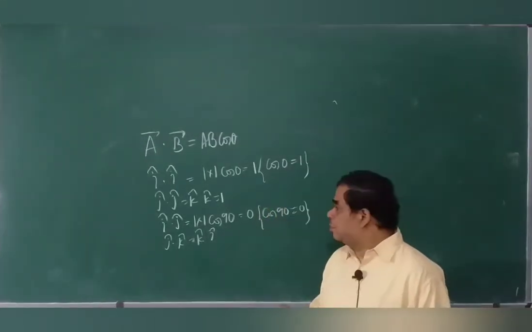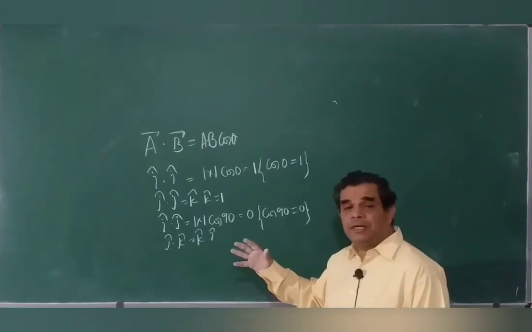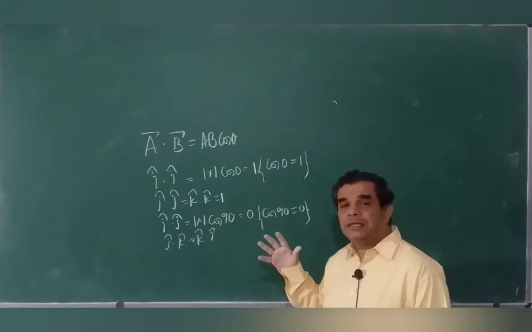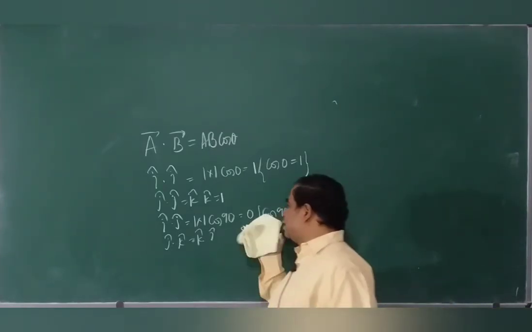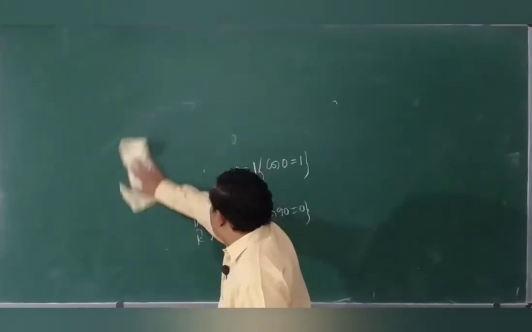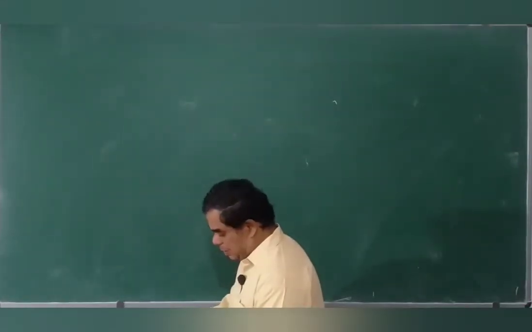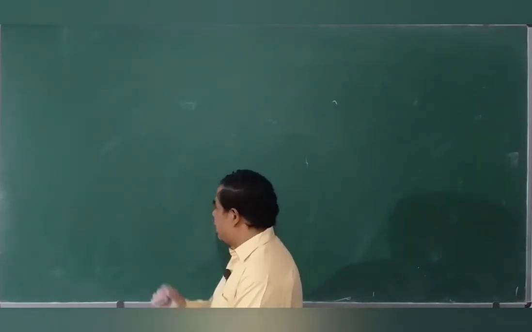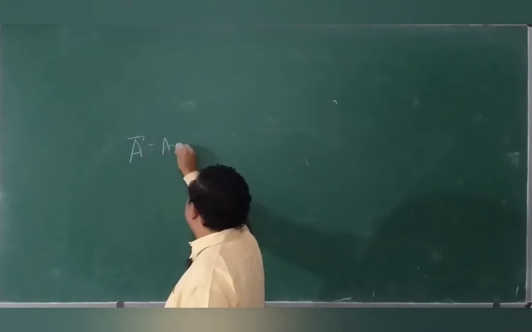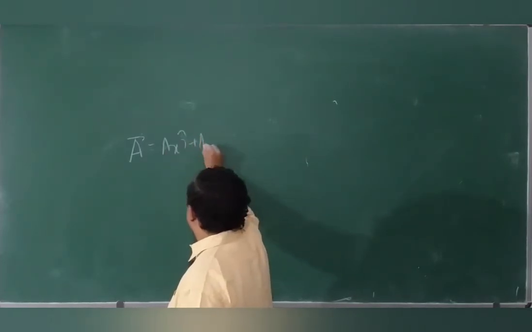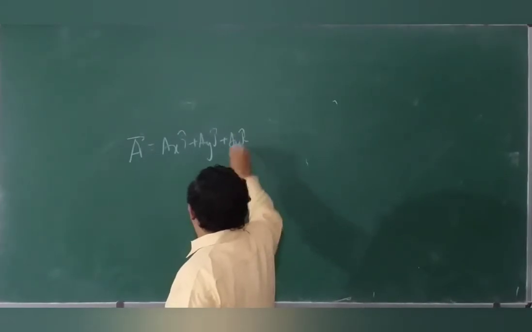Now, we learn to take the product when we write the vectors in the rectangular form or component form. We start learning it now. Say it is like this. Let us write down vector A as Ax i cap, Ay j cap, Az k cap.